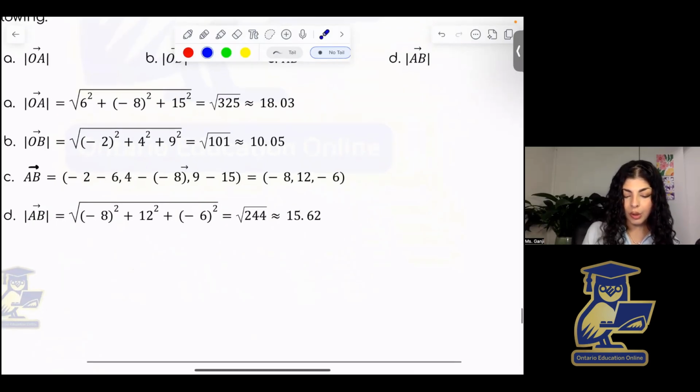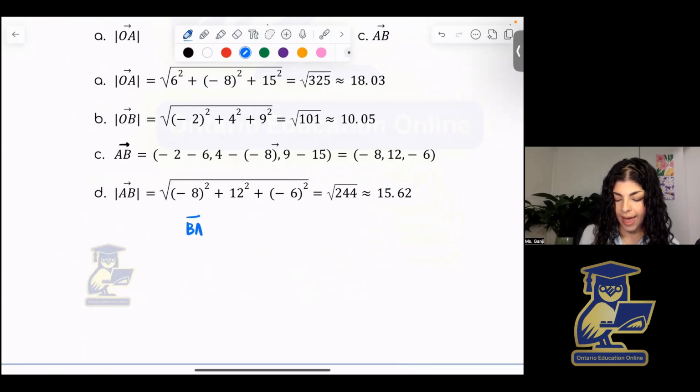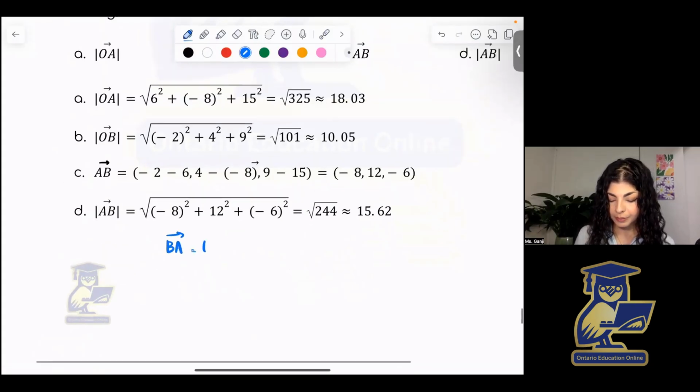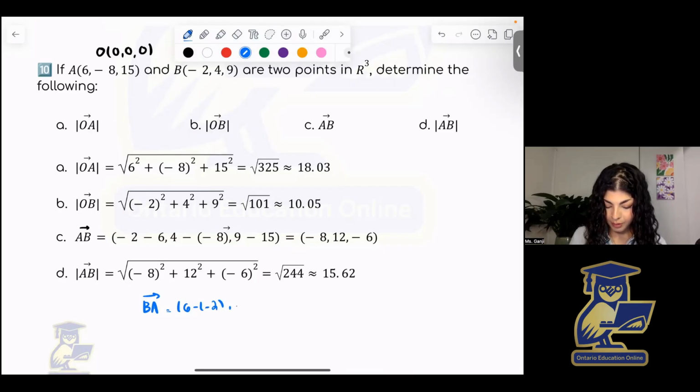Now, I am going to show you one more thing here, and it's if we do BA, which is, you start with 6 minus -2, and then -8 minus 4, and 15 minus 9.